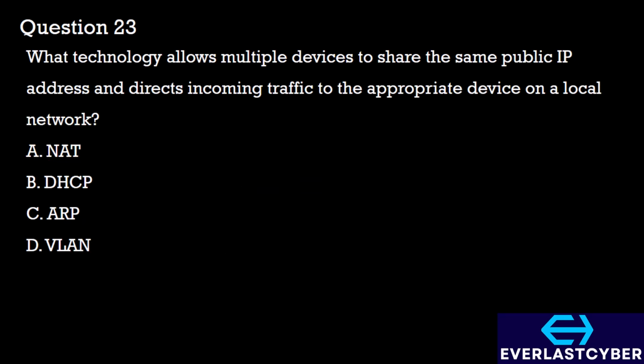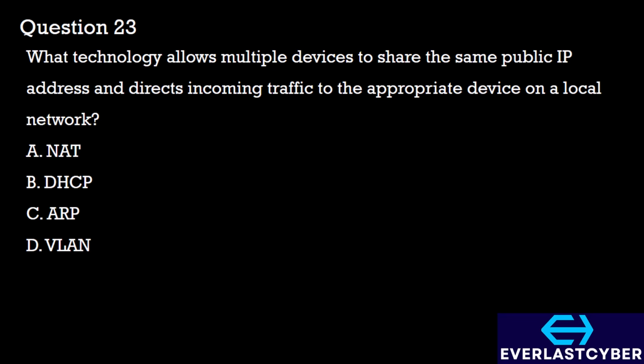Question 23. What technology allows multiple devices to share the same public IP address and direct incoming traffic to the appropriate device on a local network? A. NAT. B. DHCP. C. ARP. D. VLAN.